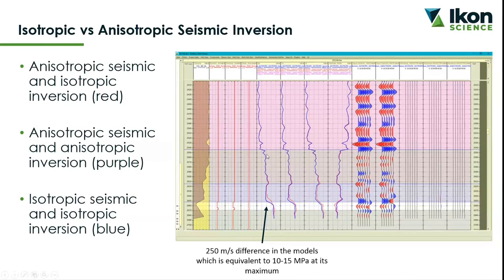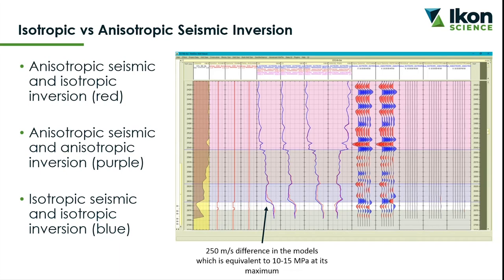Here I have a comparison of isotropic and anisotropic inversion of corresponding isotropic and anisotropic inputs, followed by isotropic inversion of anisotropic inputs, which is shown in red. What we see in this particular case is that it translates into a higher than expected velocity through the overburden sequence.